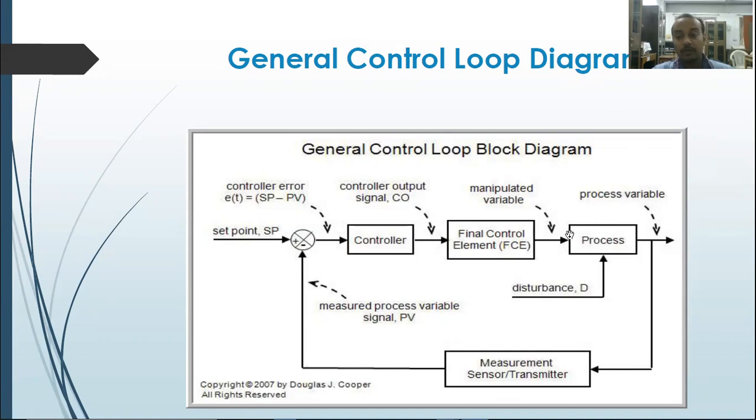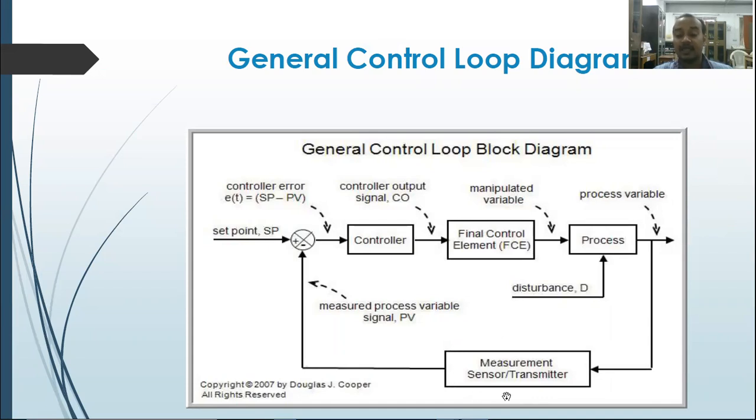If we are measuring any one parameter from this process, we need a measuring instrument or sensor, which is also known as a transmitter. In the feedback path, you can see the measurement sensor or transmitter.